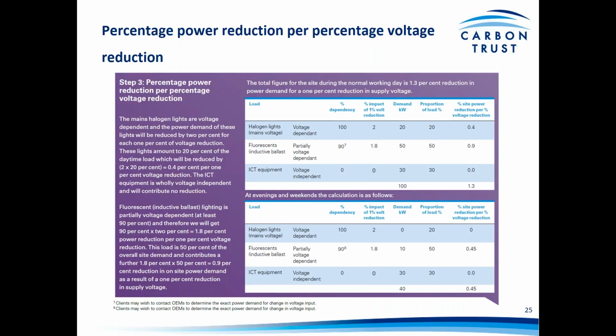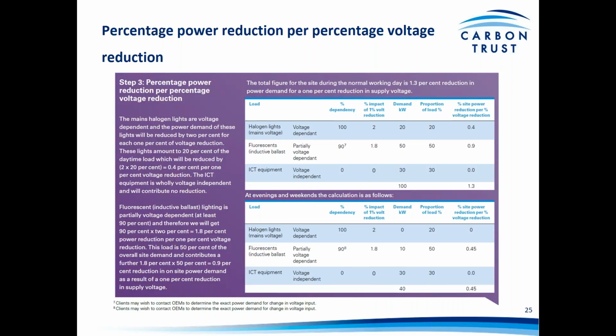Finally, the fluorescent, the older inductive ballast lighting, so your T8, T12 tubes. This is actually a mixture of T8, T12, and T5 tubes, so it is partially voltage dependent, depending on which lamps we're looking at. We said here that at least 90% of this load is voltage dependent.